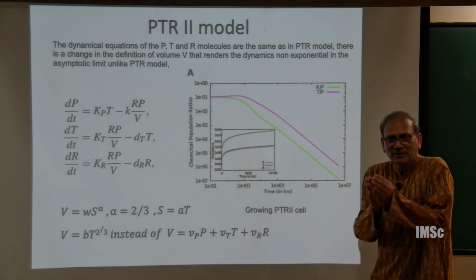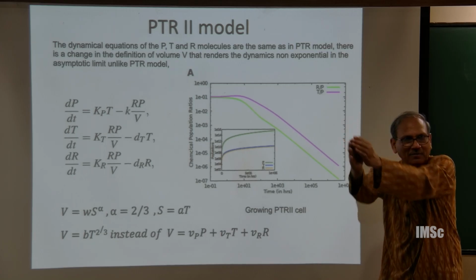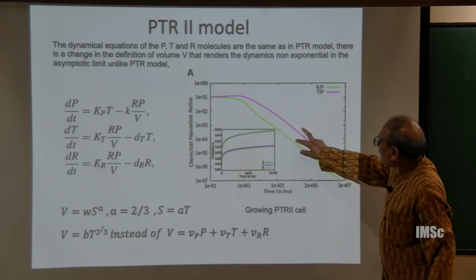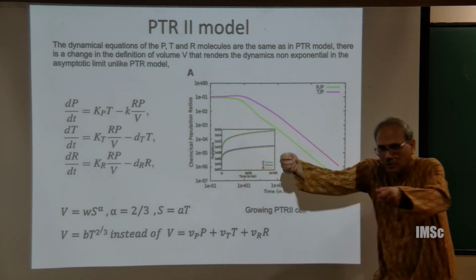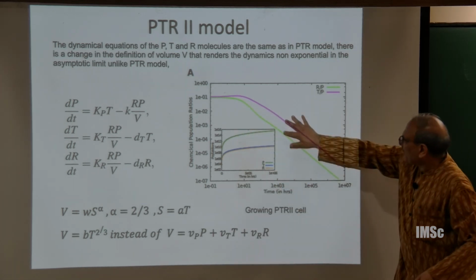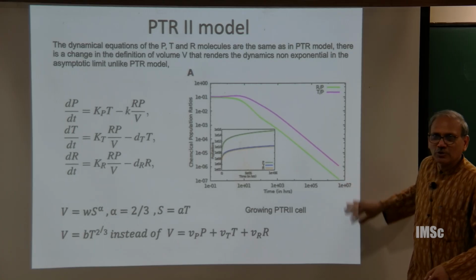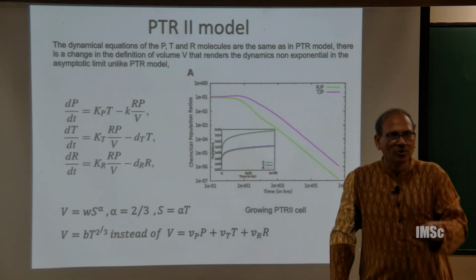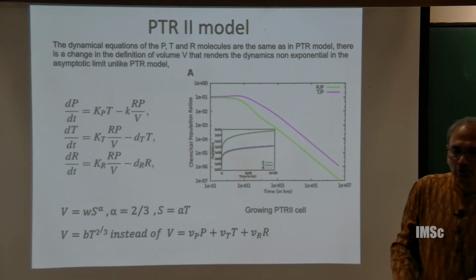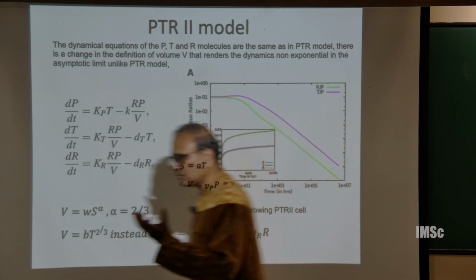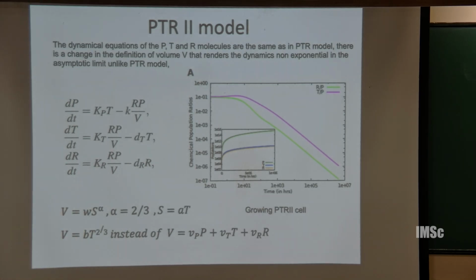They are not converging to straight lines which are parallel. And if you look at the ratios of the chemicals, they are not converging to a constant value, but they are continuously changing. So you lose exponential growth and you lose balanced growth. So balanced growth is a consequence of the special assumption that we've made.